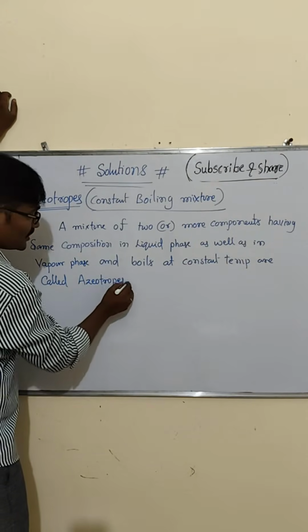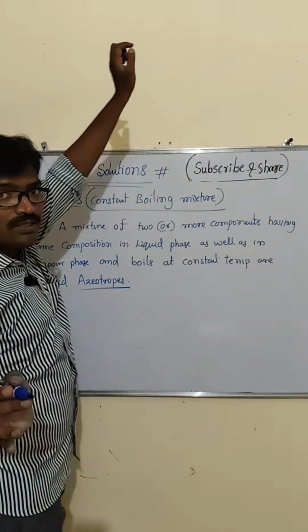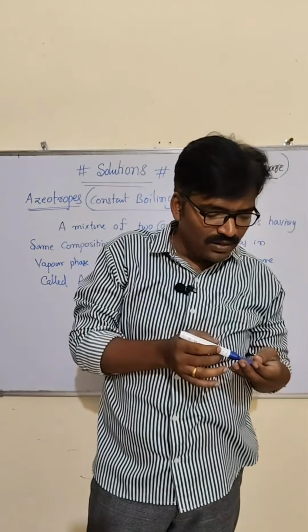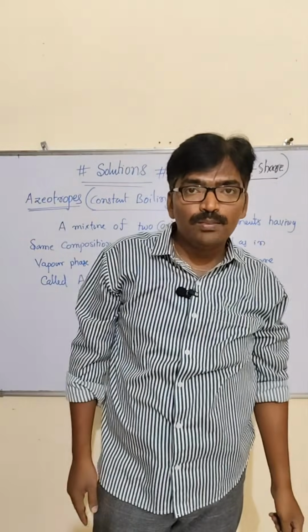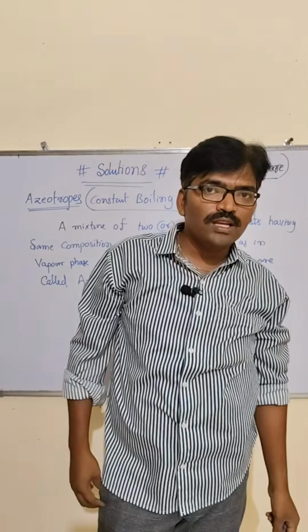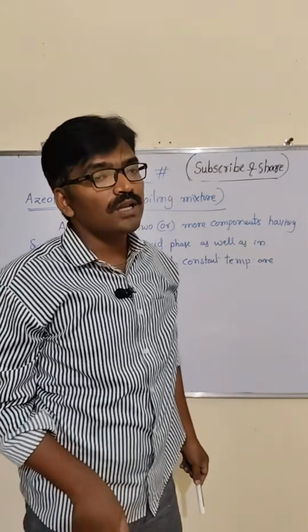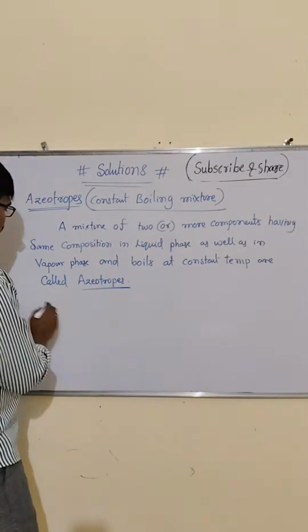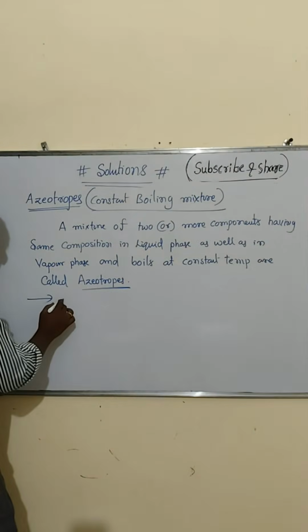Remember, my dear students, azeotropes cannot be separated by using fractional distillation. Even ideal solutions we can separate, non-ideal solutions we can separate, but azeotropes cannot be separated by using fractional distillation. So note that point too.